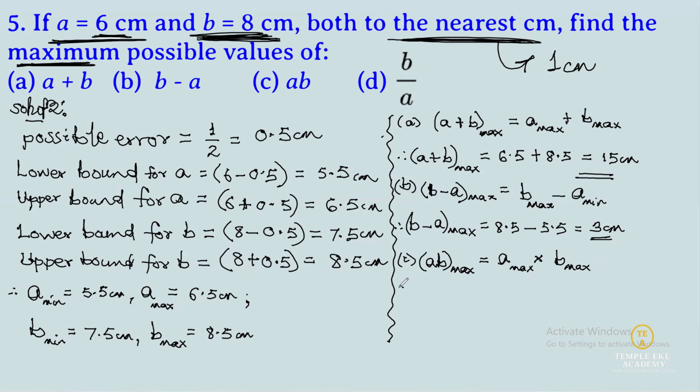Therefore, let us introduce the values. The maximum value of the product AB is going to be given by the maximum value of A, 6.5, multiplied by the maximum value of B, which is 8.5.